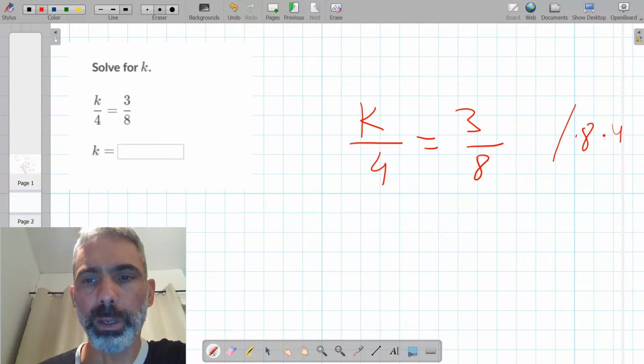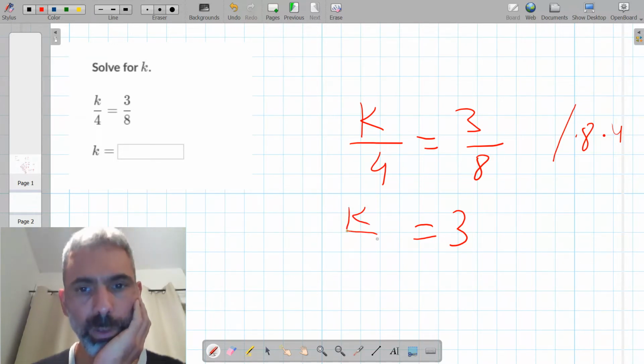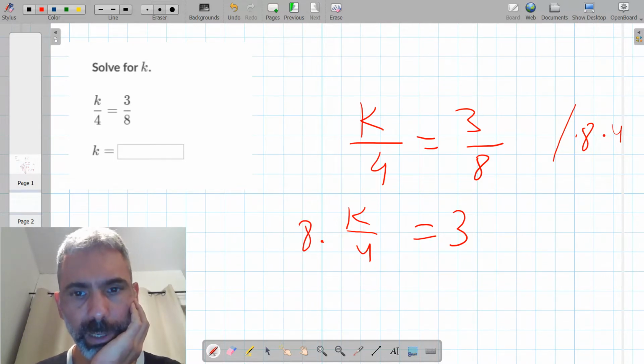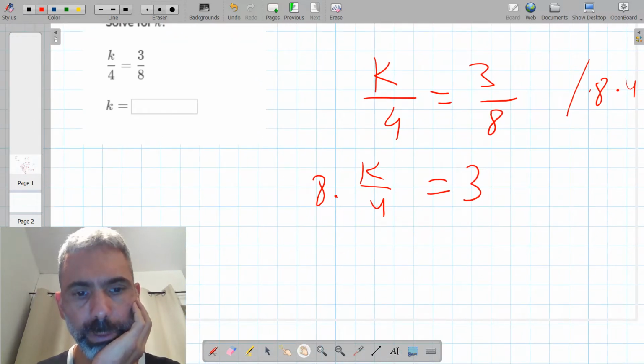If we multiply by 8 on the right hand side, we are left with 3. On the left hand side we are left with k over 4 times 8. And to get rid of the 4, the denominator, we multiply. In this first step we only multiplied by 8 and then we multiplied by 4.